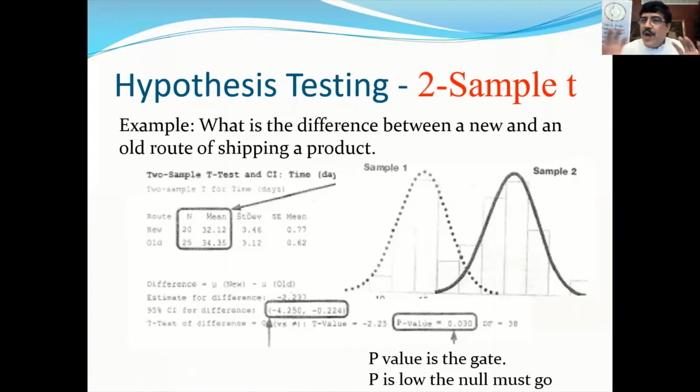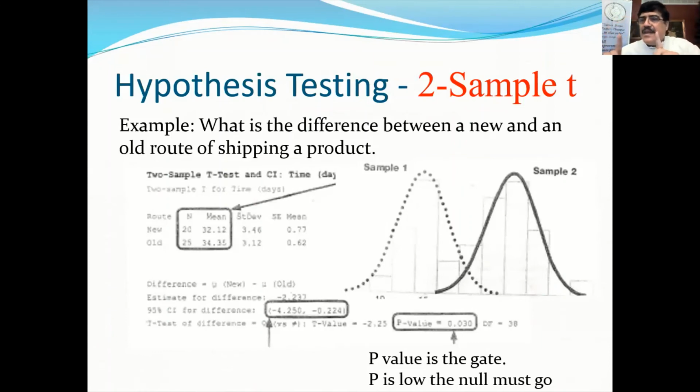But if you have two samples and you want to see, is this sample different than that sample? This sample has a mean and a standard deviation, and the other sample has a mean and a standard deviation, and you want to compare the two samples together. So you use a two-sample t-test. It is similar to that one.